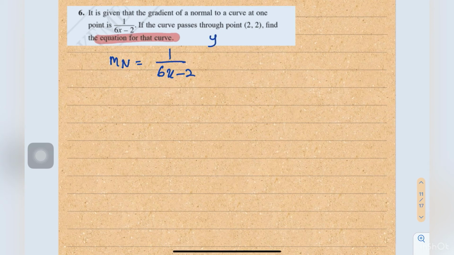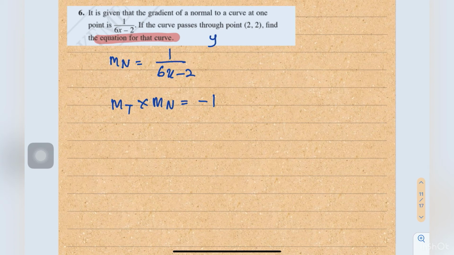Then we know that to find y, we need dy/dx, because if we integrate dy/dx, we can get y. And you know that dy/dx is the gradient of the tangent. We have a relation between the gradient of tangent and gradient of normal: gradient of tangent times gradient of normal is -1, because these two straight lines are perpendicular.